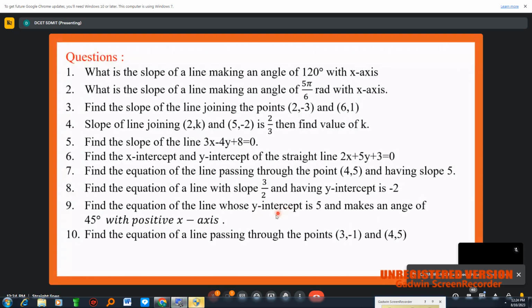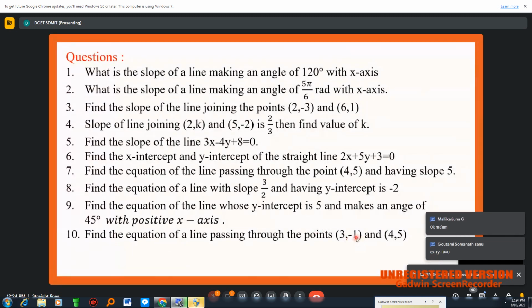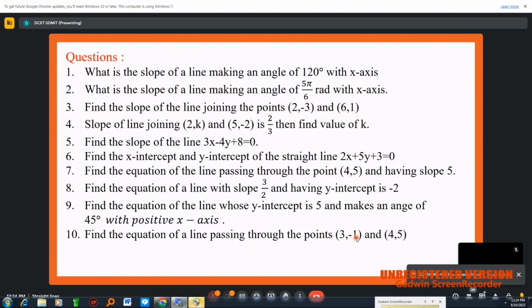So 10th one, can you check another time? Yeah, 6x minus y minus 19 is equal to 0. Yeah, that is correct.